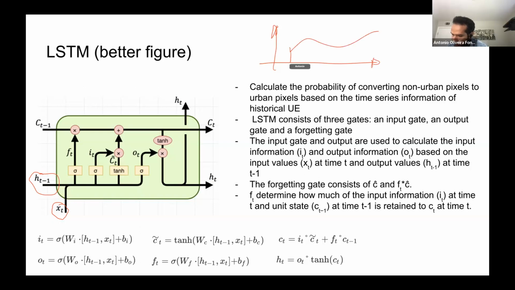This would be xt minus 1, for example, and let's say the next one is here. That's xt. If I feed xt minus 1 through my LSTM, that's going to generate ht minus 1, the output of my prediction for xt minus 1.